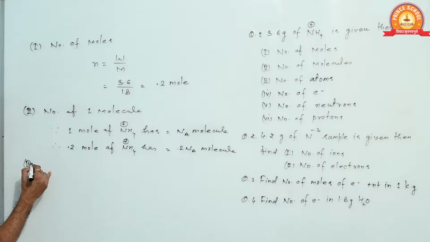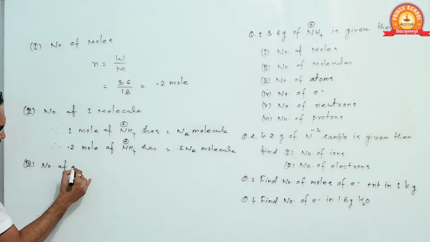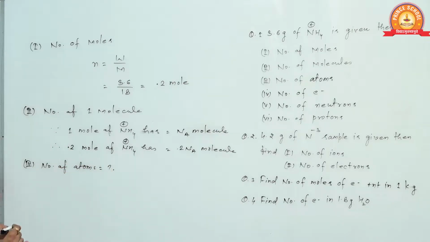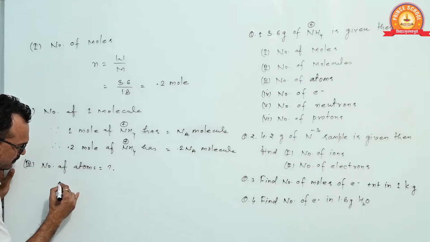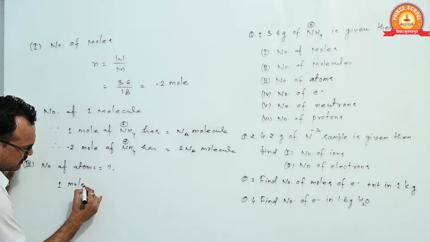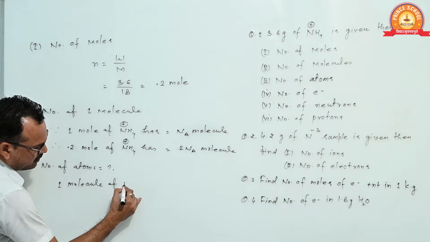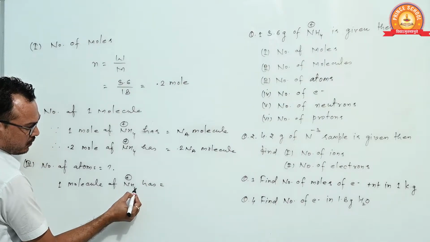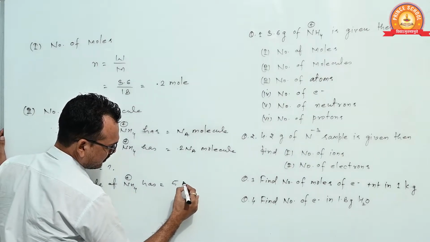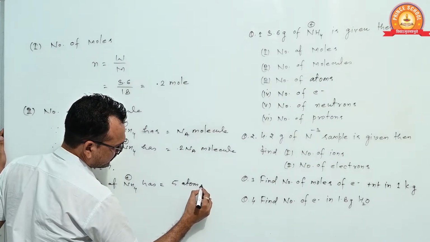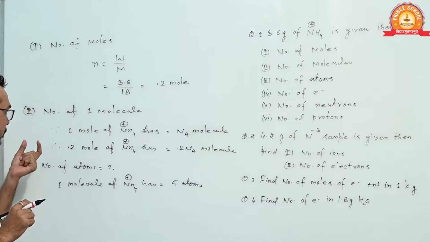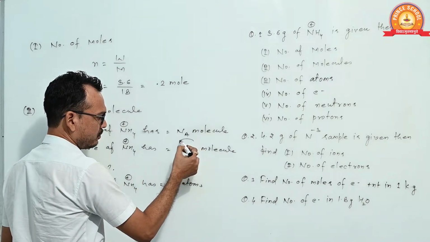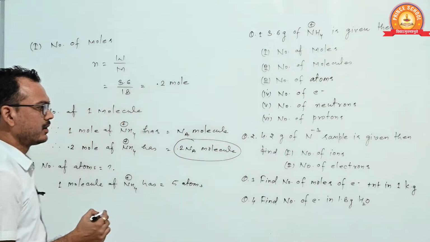Third question is the number of atoms. You have to calculate this. We know that 1 molecule of NH4 plus has 4 plus 1 is equal to 5 atoms, and the number of molecules in this question is 0.2 Na molecules.